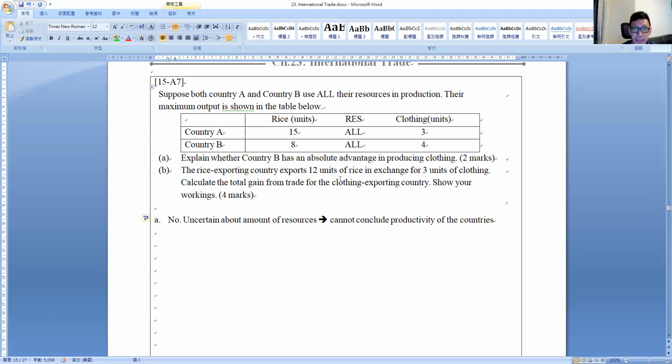Now here, they gave you the terms of trade, and we want the total gain. So first of all, let's do the maths here. Present it yourself.